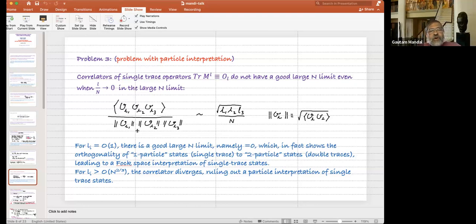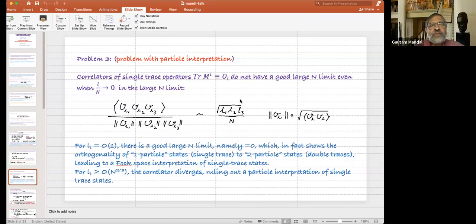That gives you a sort of Fock space interpretation of single trace operators as particle states, because of the purported relation between rho of lambda and the scalar field. You would expect that single traces correspond to 1 particle states, double traces to 2 particle states, etc. If this quantity goes to 0, then this approximate orthogonality between 1 particle and 2 particle states works out.